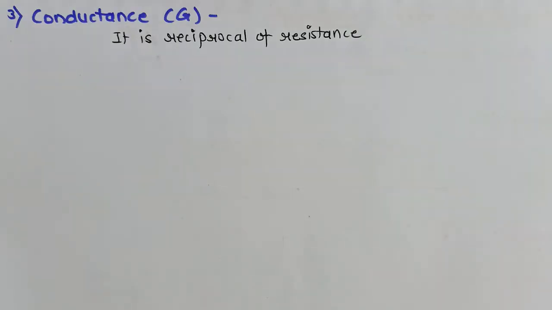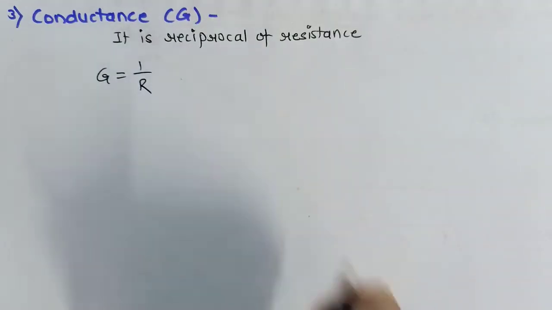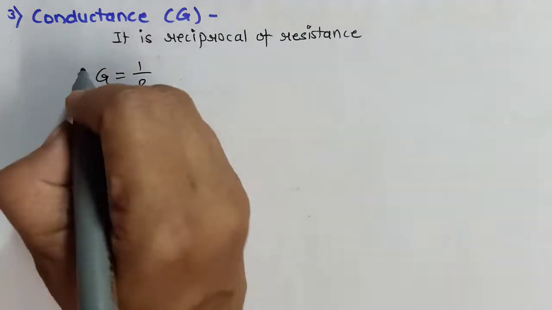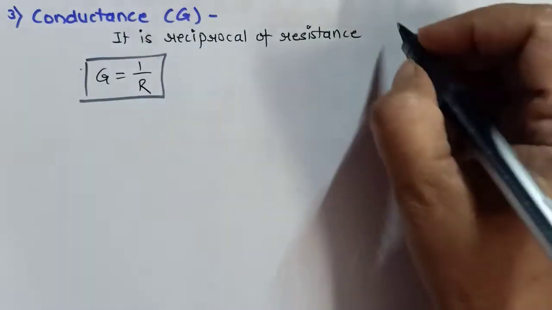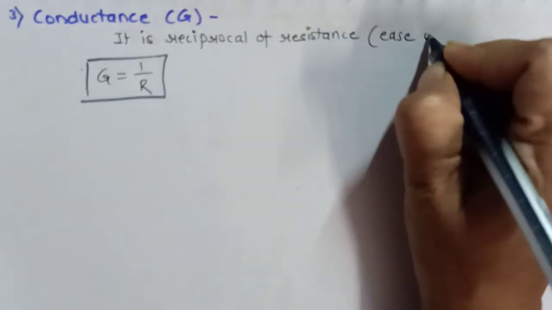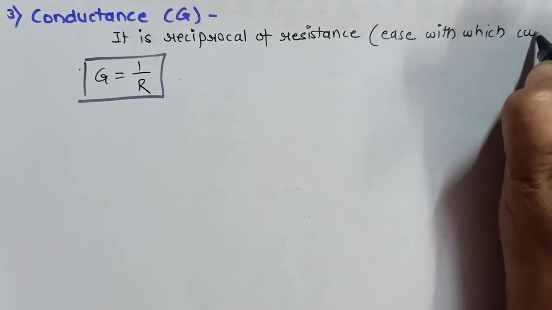The next terminology is conductance. It is denoted as G. What is G or conductance? It is the reciprocal of the resistance. So G equals 1 by R. Again, this is a formula that you have to remember. Since it's a reciprocal of resistance, and we know resistance is the obstruction to the flow of current, conductance can be defined as the ease with which the current flows through a conductor.